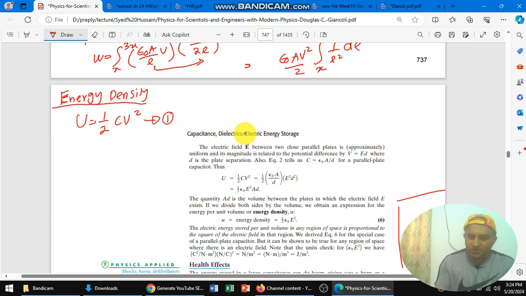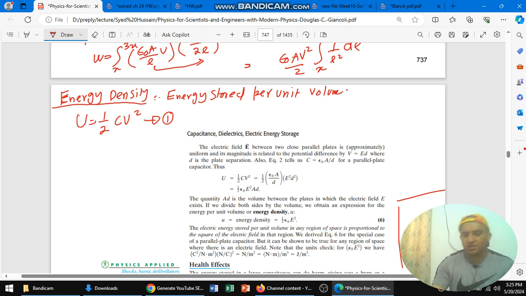Sometimes we need the energy density. Let us define the term energy density first: the energy density is energy stored per unit volume. But why do we consider the volume?